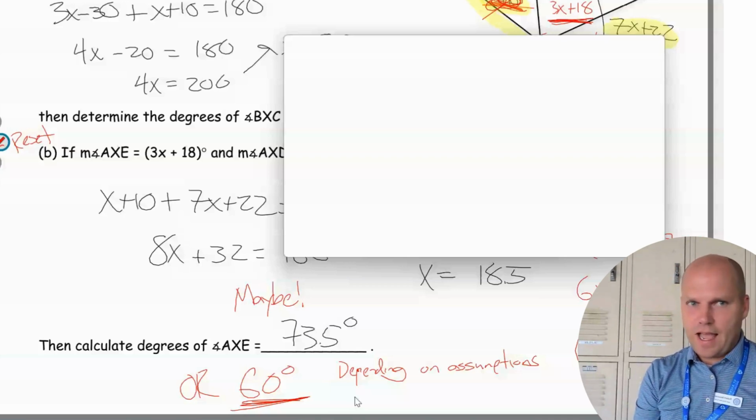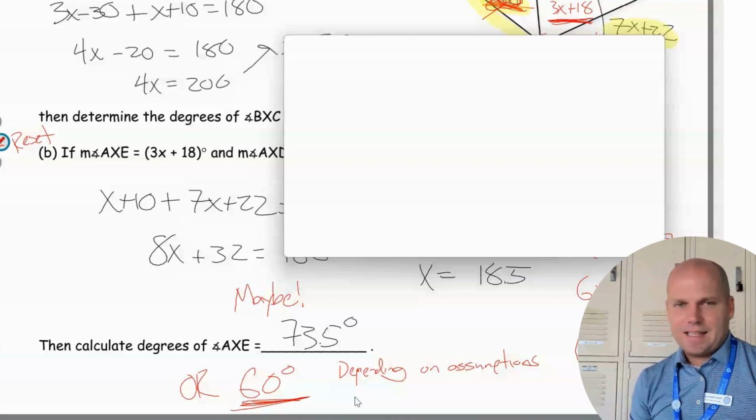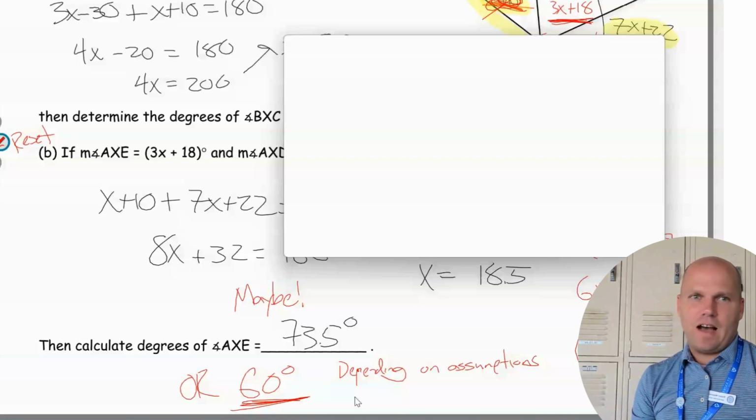Let me make sure I got this right. AXE, AXD. AXD is 7x plus 22. Which means if I subtract that, I could figure out EXD.